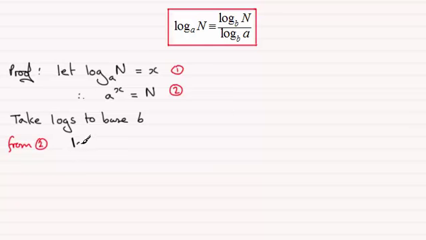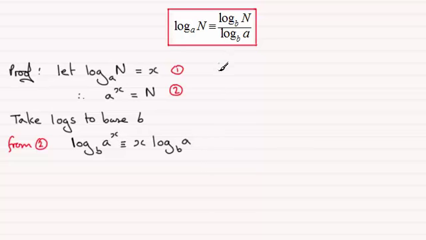And that from 2, the log in base b of a to the power x must be identical then by the power rule x times the log in base b of a.